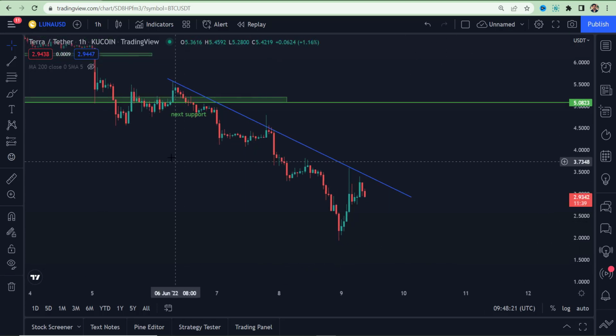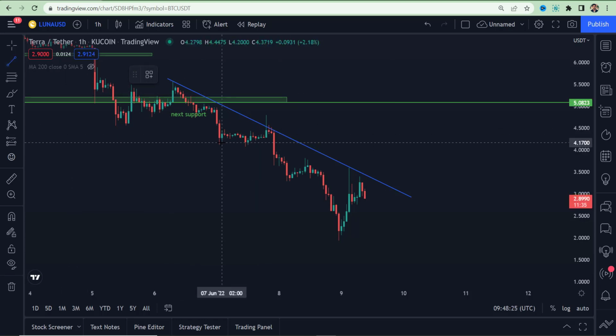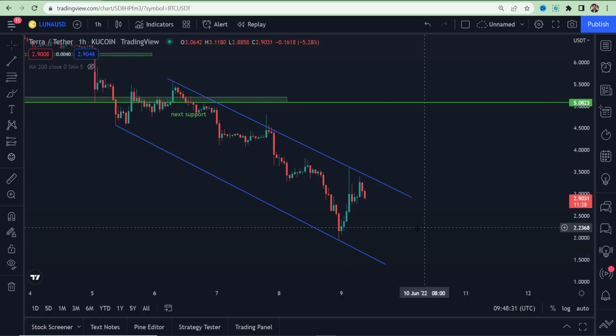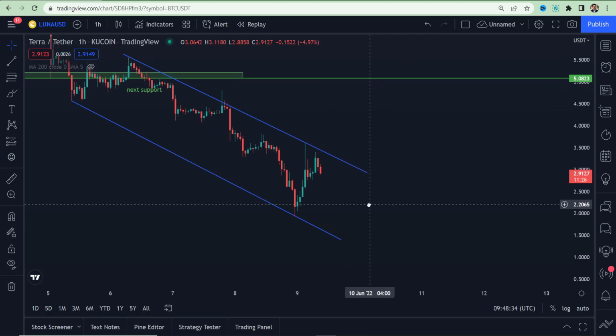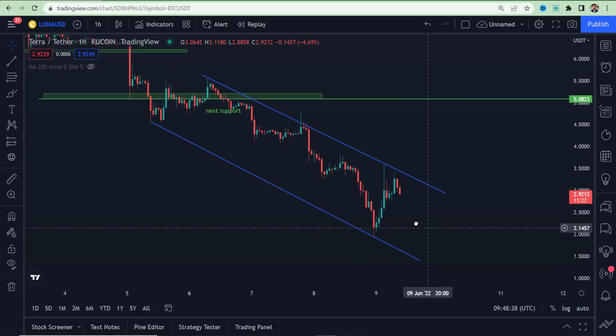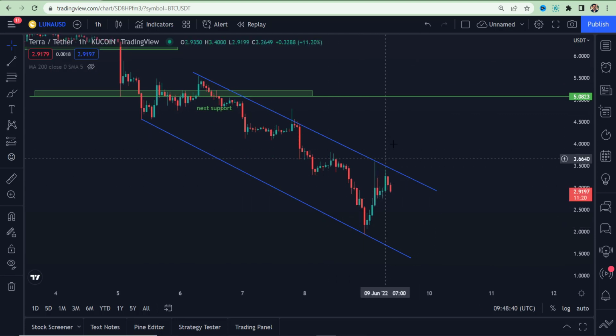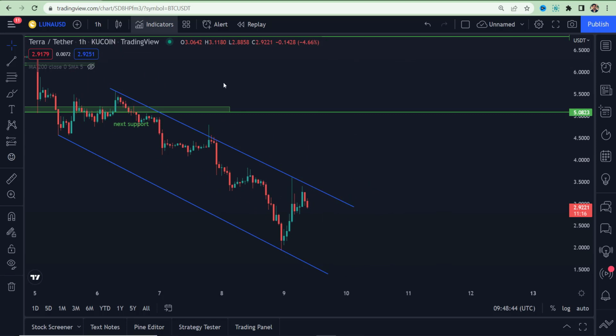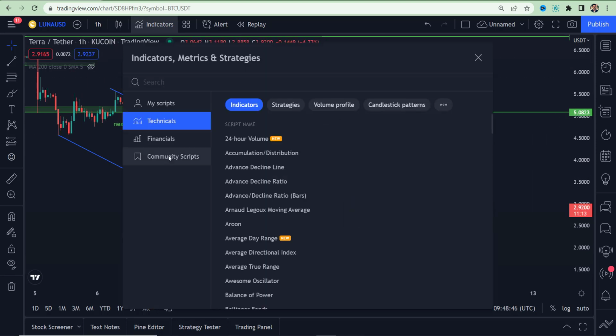So it would be simple that if you just break out of this, what would be your target? It's definitely 5.08 would be your target at this point.